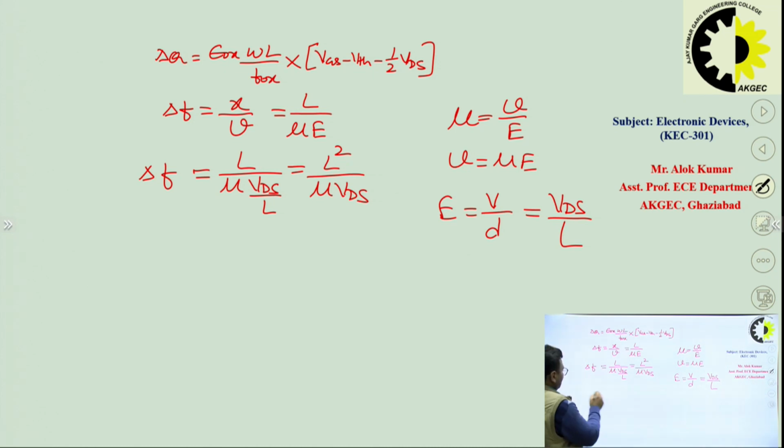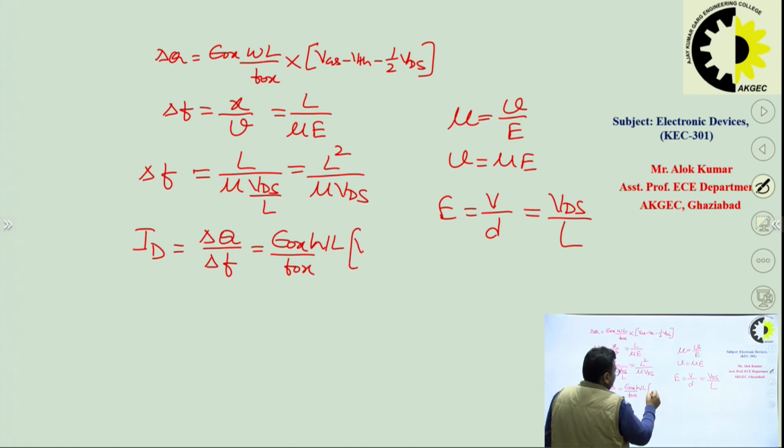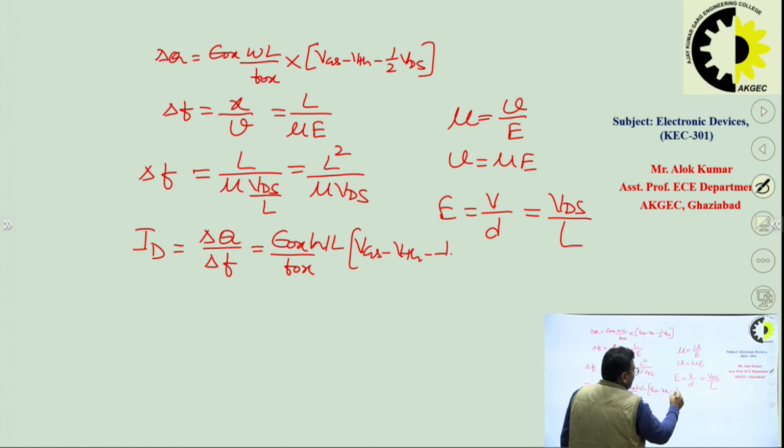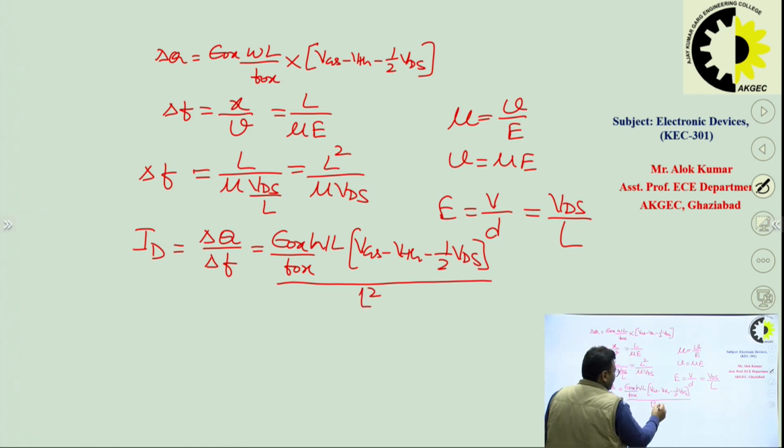Okay, now we can find ID. What was ID? It is delta Q upon delta T. We have the value of delta Q, so put it here. So epsilon OX into W into L divided by TOX into VGS minus VTH, where VTH is the threshold voltage, minus half of VDS, right? This divided by delta T, which is L square divided by mu into VDS.